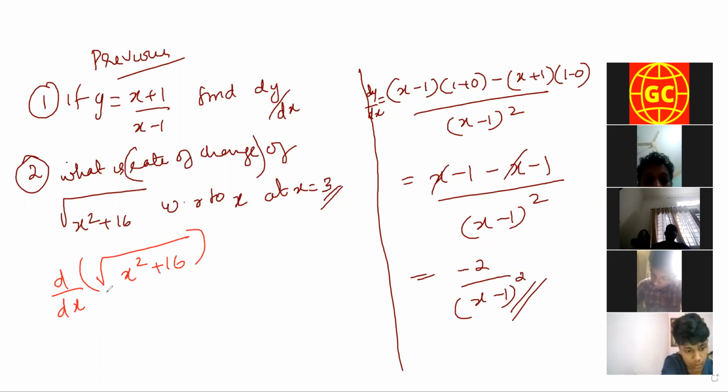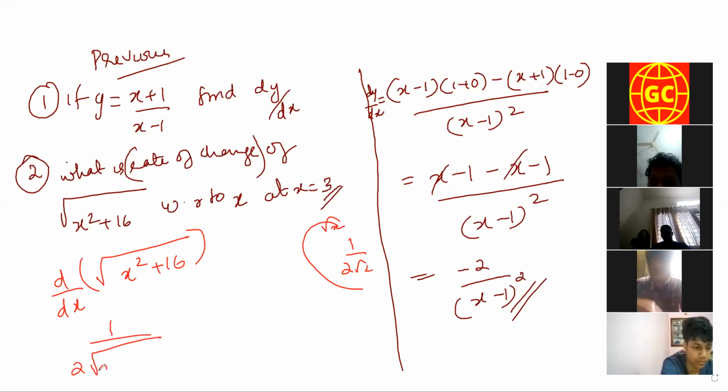So see here, which is the outer function? Root is the outer function, isn't it? The function itself is inside the root. So we have to take the derivative of root first. What is the derivative of root x? That is 1 by 2 root x. So the derivative of this root is 1 by 2 root of this entire thing, into chain rule, that is, the derivative of the inner function.